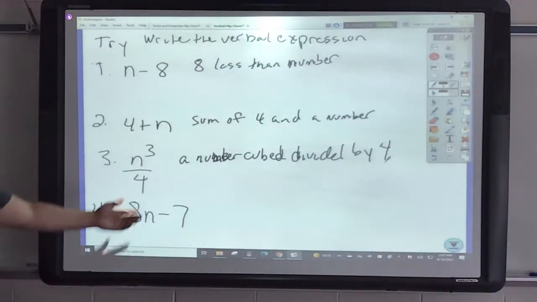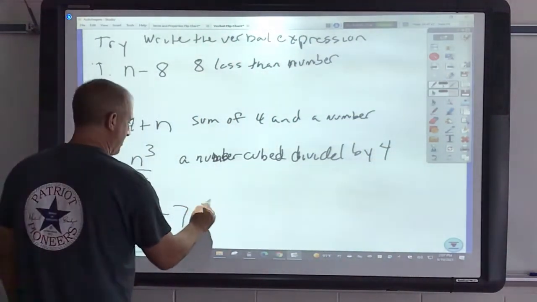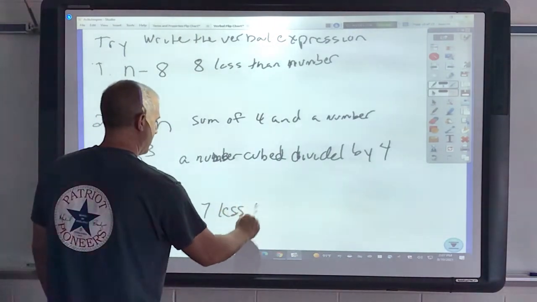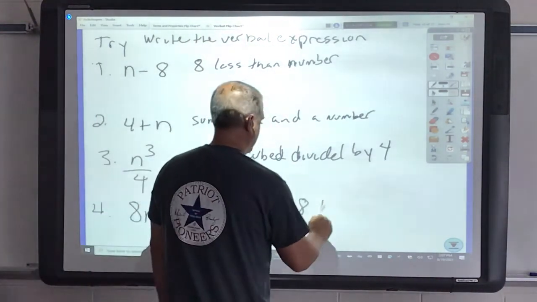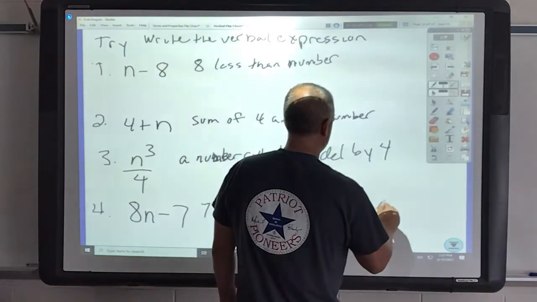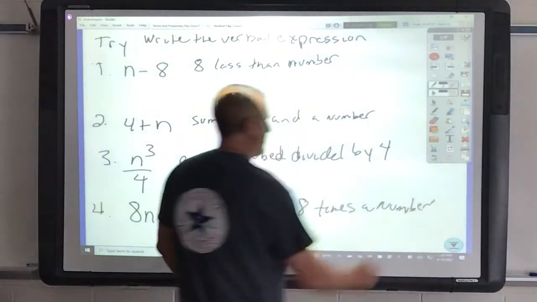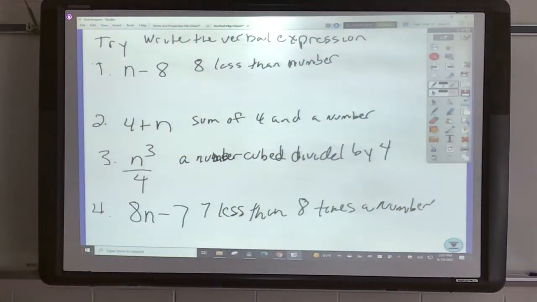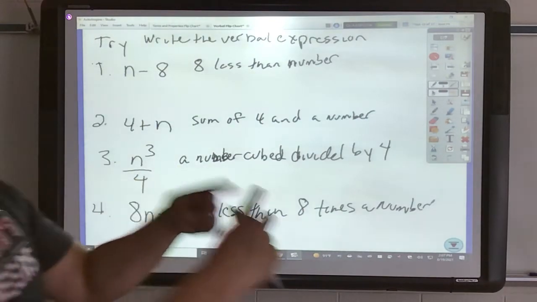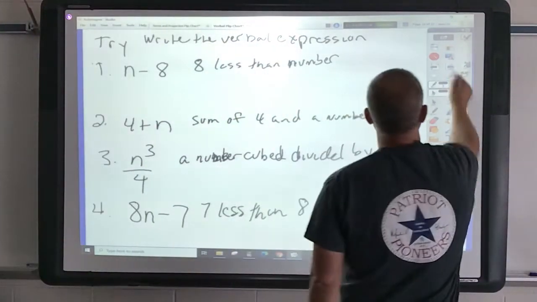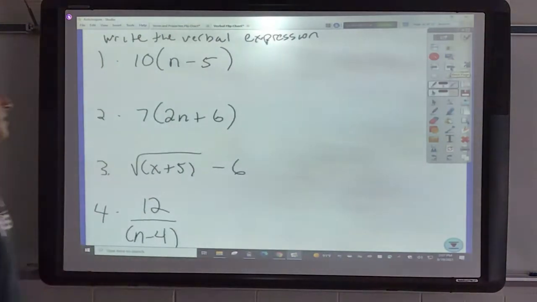This is one of those I'm going to do backwards again. 7 less than 8 times a number. When I've got the minus, I like putting that second part first, throwing the less than there, because then it switches the order.